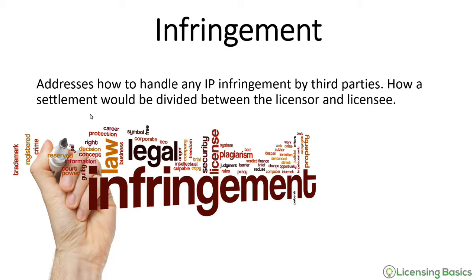Who hires the lawyers to fight that? Most of the time, it is the licensee. Sometimes it is a combination of the licensee and the licensor. And obviously, if there's a settlement, how would that settlement be divided?